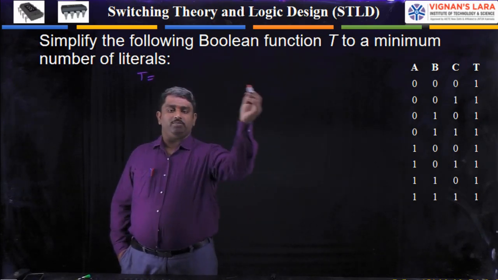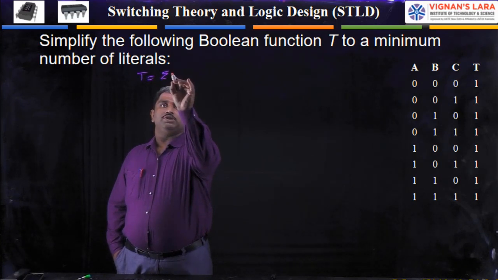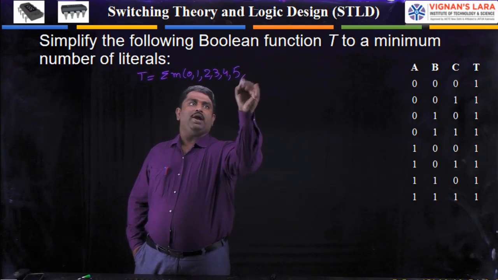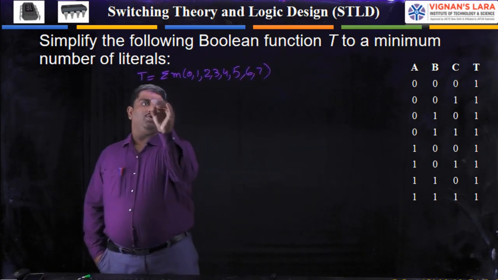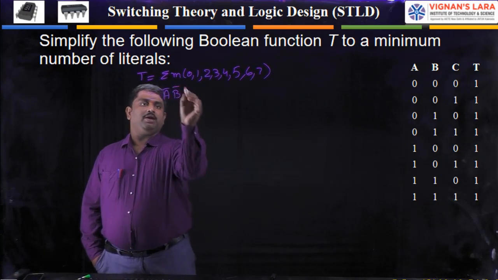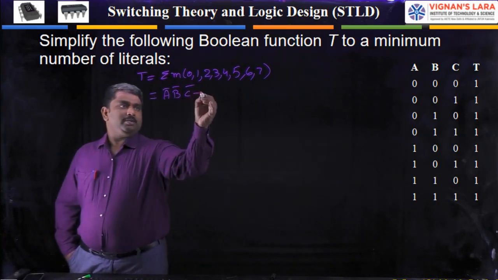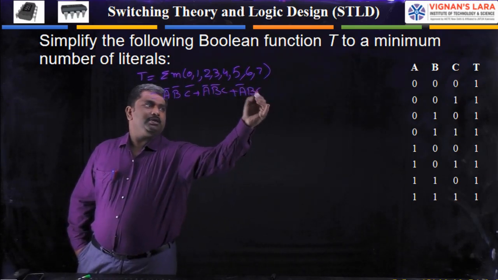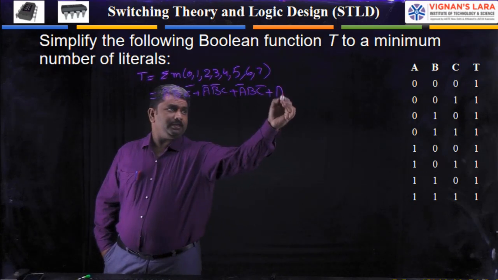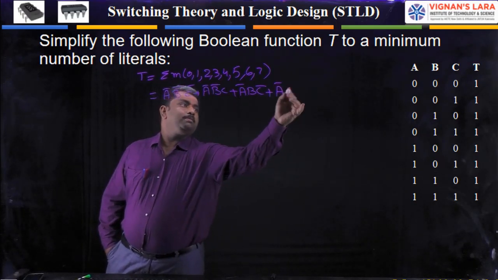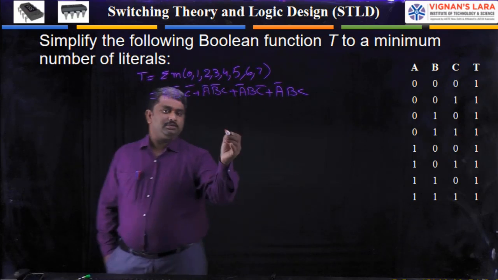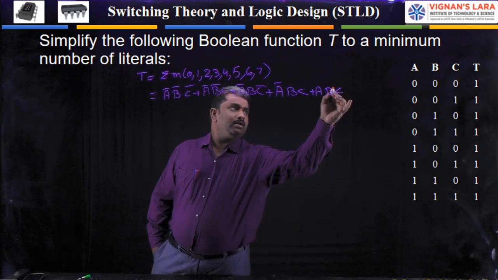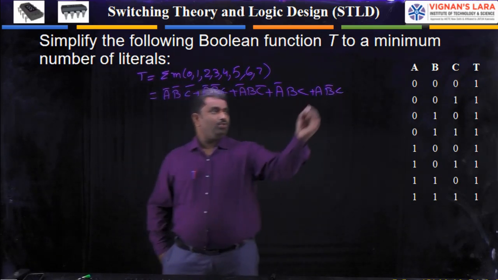So m0, m1, m2, m3, that is sigma m of 0, 1, 2, 3, 4, 5, 6, 7, that is a bar b bar c bar plus a bar b bar c plus a bar b c bar plus a bar b c plus a b bar c bar plus a b bar c, that is 1, 0, 1.